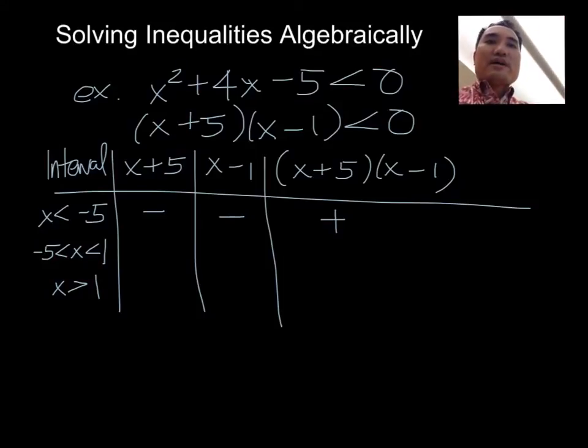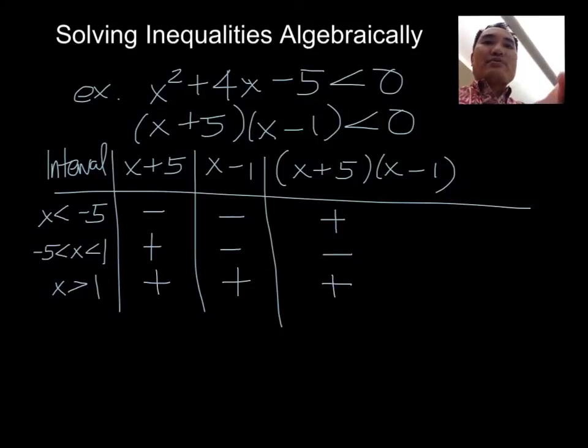Well, 0 plus 5 is positive. 0 minus 1 is negative. Positive times a negative is negative. Third interval. What would be a good number to plug in for this? Well, I can choose any number that's greater than 1, so I'll choose 3. 3 plus 5 is positive. 3 minus 1 is positive. So positive times positive is positive.